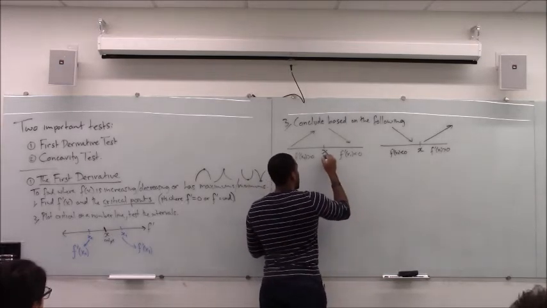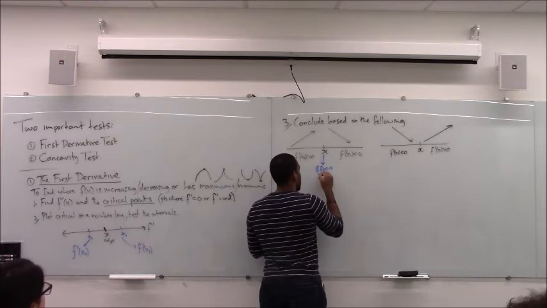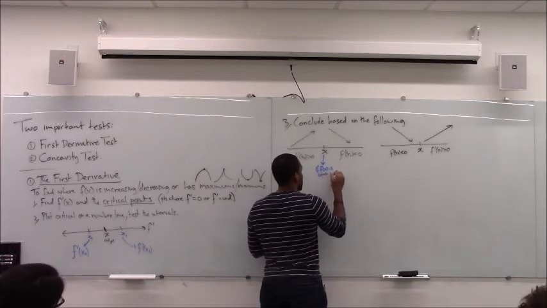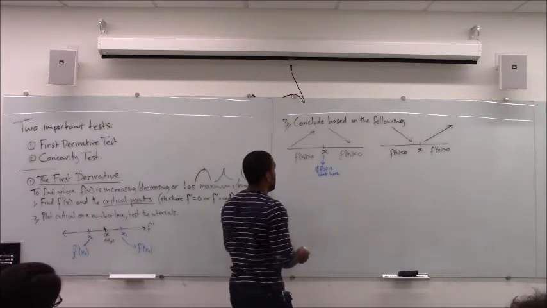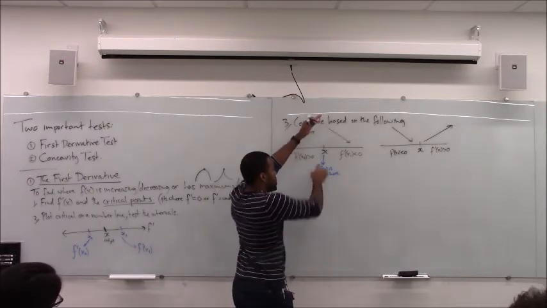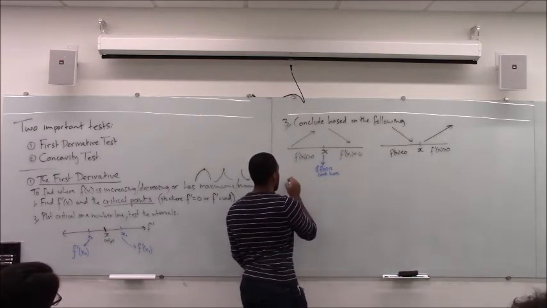And thirdly, if f of x is continuous, so you're at a critical point and it's actually a point that exists on the function, you go up, you hit this point, then after that point you go down. This means a maximum occurred.